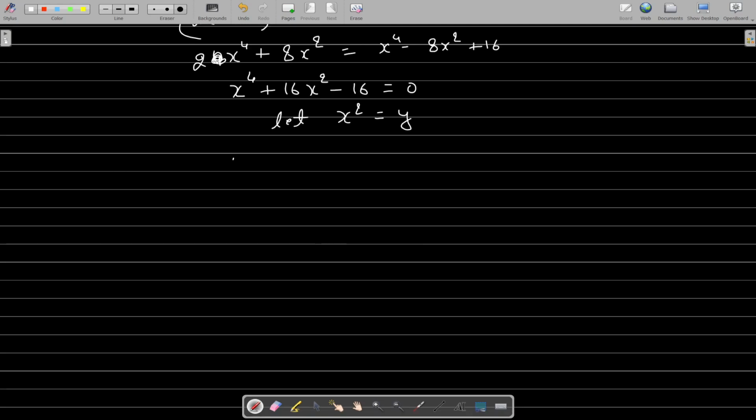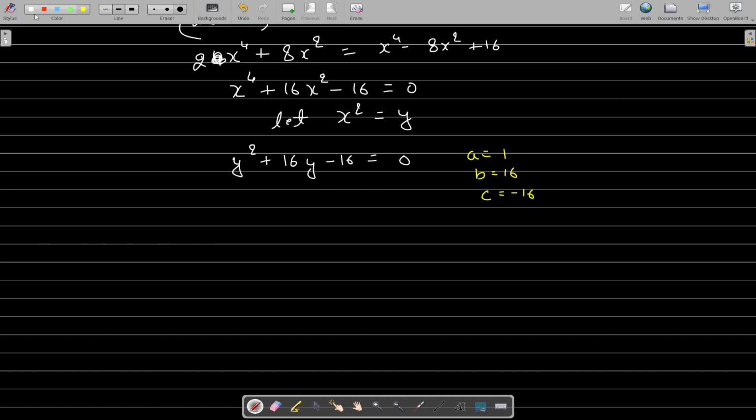I'll do the substitution. I'll get y square plus 16y minus 16 is equal to 0. Now this is a nice quadratic equation where a is equal to 1, b is equal to 16, and c is equal to minus 16.